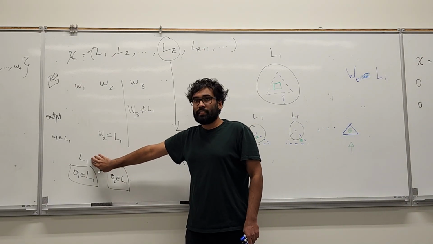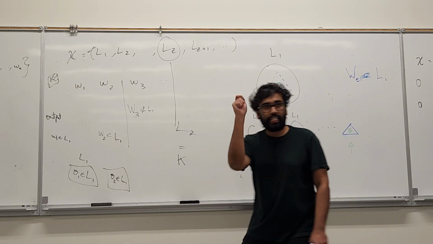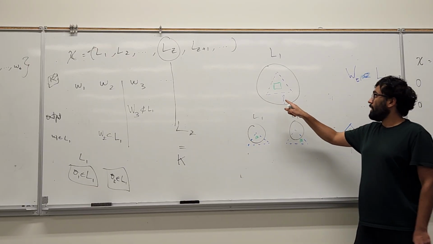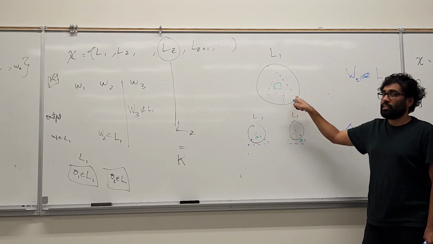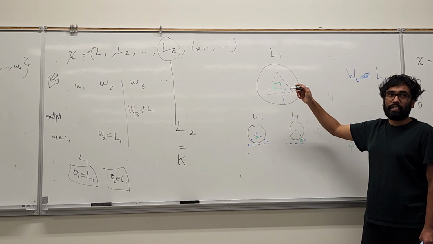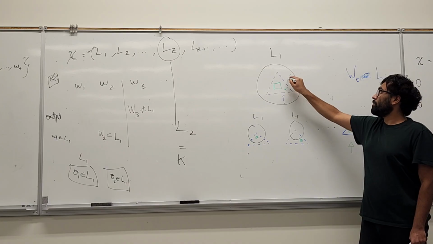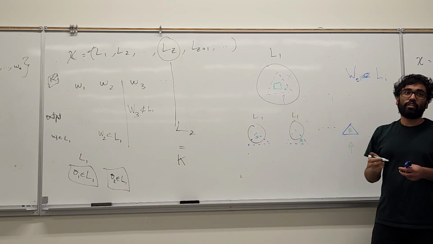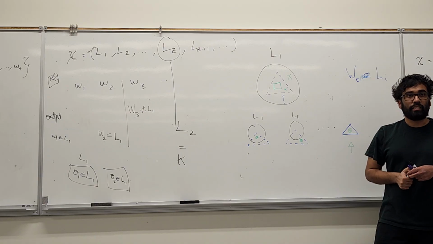You had some candidate language, and then you were generating strings from that candidate language. Now you don't know this dotted line, so you might generate strings from here, which would be fine. You might also generate strings from here. If you generate a string from here and you're never moving forward, then you're not generating in the limit.